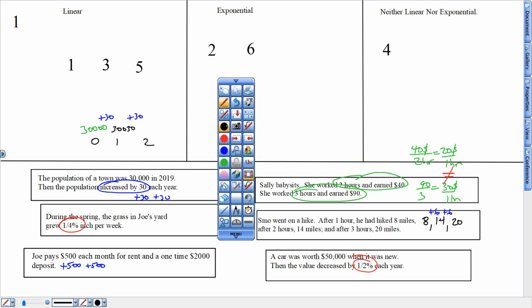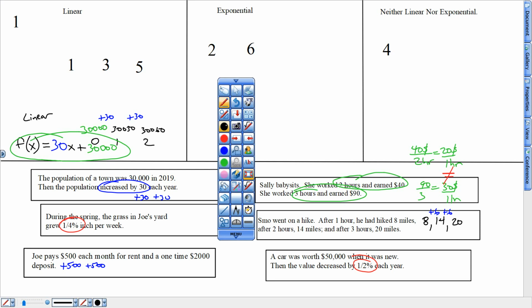And that gives me 30,060. So for my equation, I have what I need. This is linear. So there's no exponents. I take that 30 and put that 30 in front of x. I add it to that 30,000. It's a one-time deal, that 30,000. That is that linear. All right, let's do the next one.